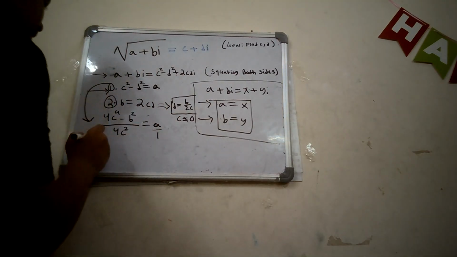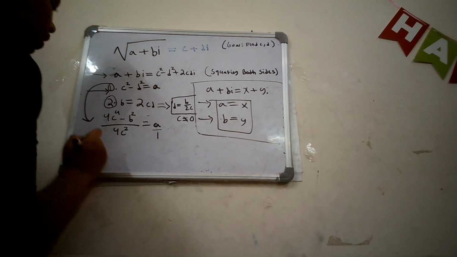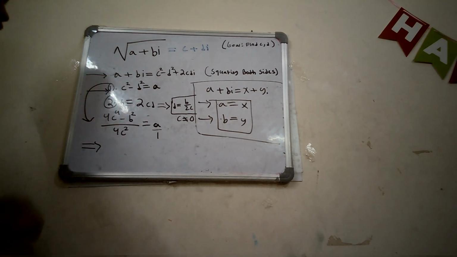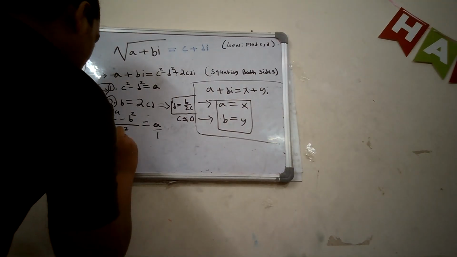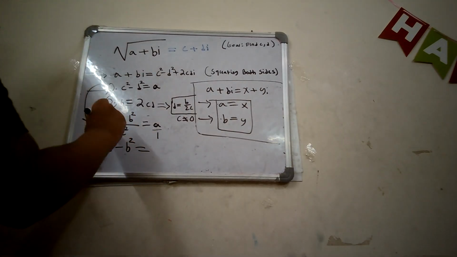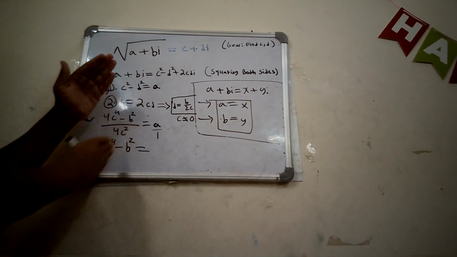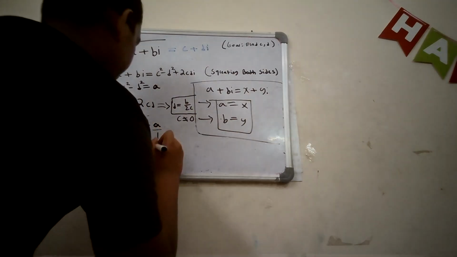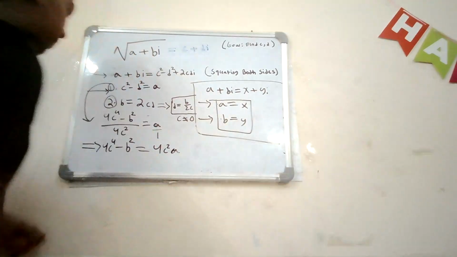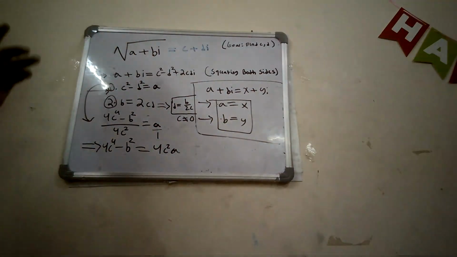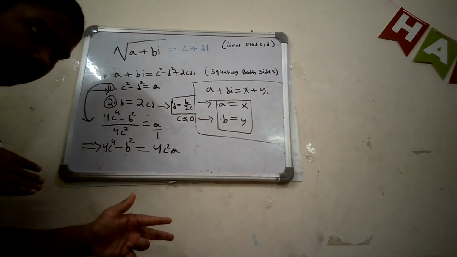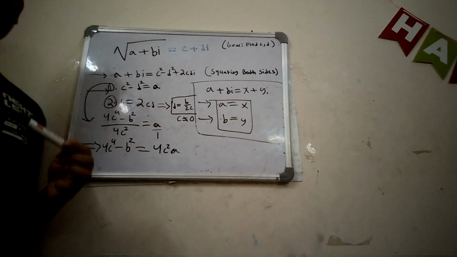We get 4c to the fourth minus b squared equals, now we're going to cross multiply 4c squared and a. This is cross multiplication. So this will be 4c squared a. So now I'm seeing something. I'm basically seeing a quadratic equation, but with multiple variables. So what do I do here? Don't worry.